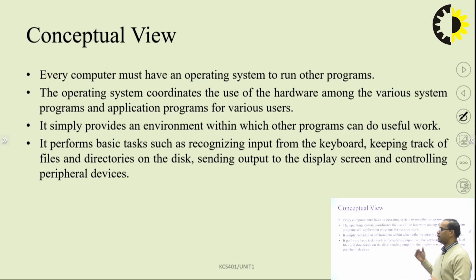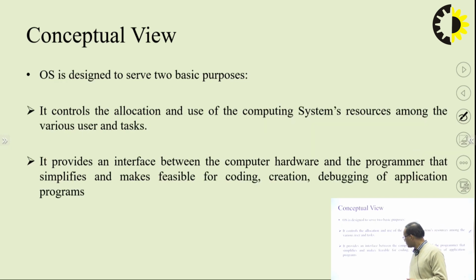As in the previous slide, if there is more than one process in our computer system, different processes require different kinds of resources, and it is the responsibility of the operating system to allocate the resources to those user programs. Next, the operating system is designed to serve two basic purposes. First, it controls the allocation and use of the computing system among various users and tasks. Second, it provides the interface between the users and the computer.